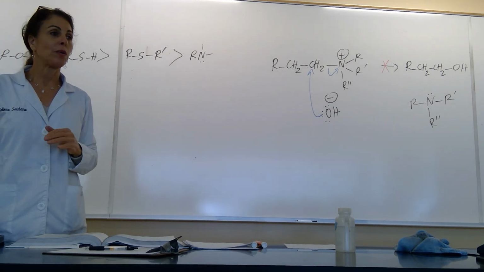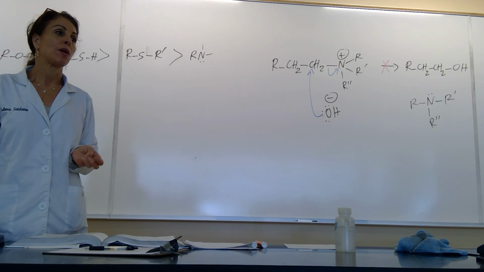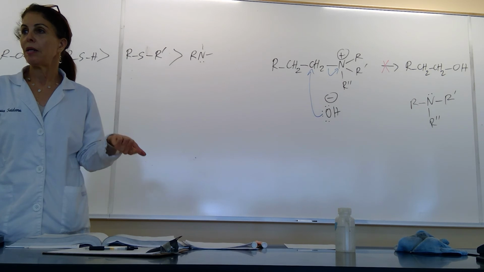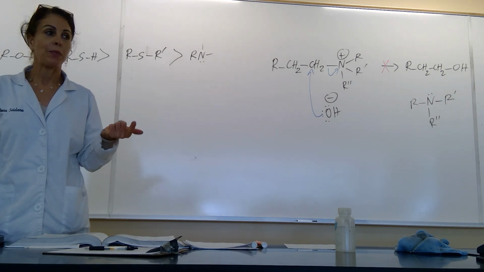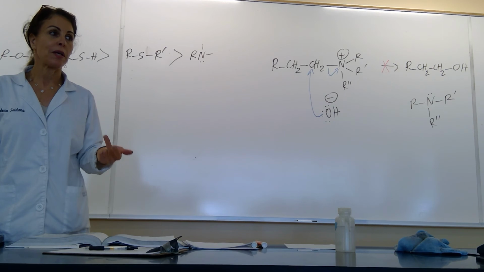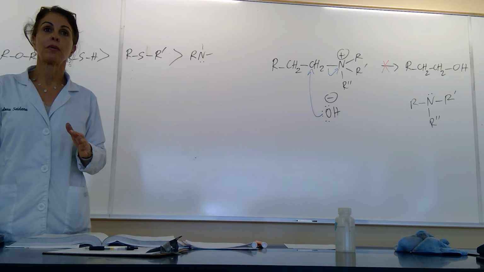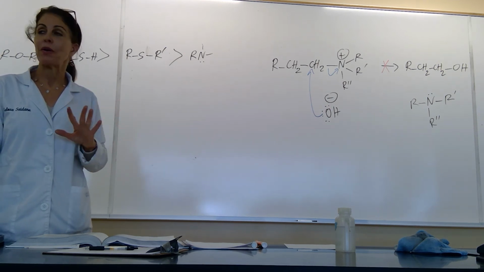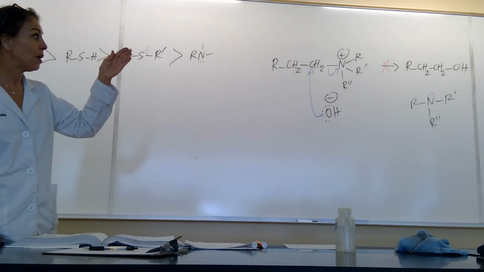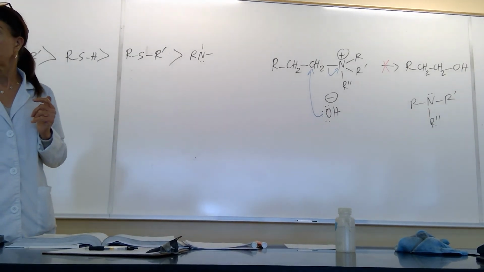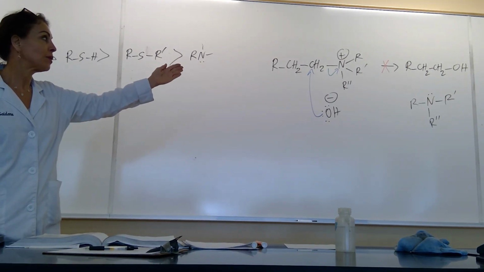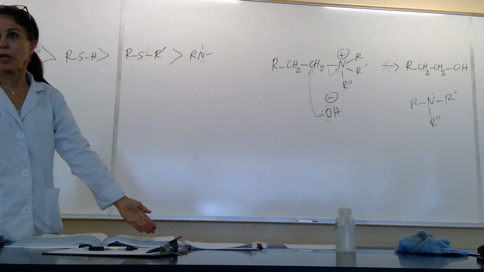The fewer alkyl groups, the more reactive it will be. So ammonia is more reactive than any primary amine. Primary amine is more reactive than secondary. Secondary is more reactive than tertiary. And quaternary amines are very stable. Once you form them, they're happy. They're not going to give you anything. They're going to be very, very stable. So that bond there is not going to break. Okay? So you can't break the CN bond from a quaternary to a tertiary.